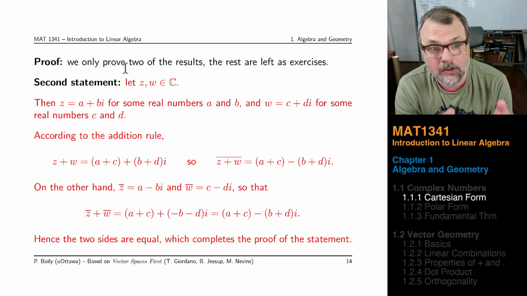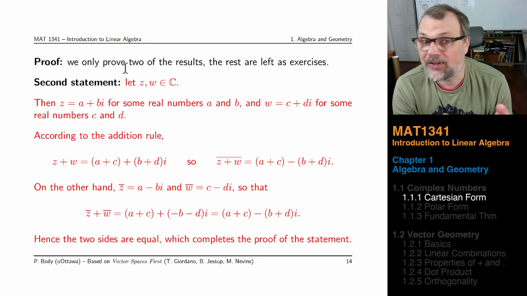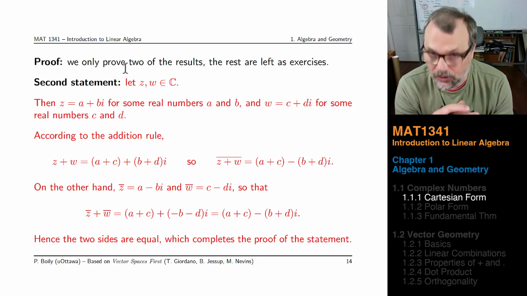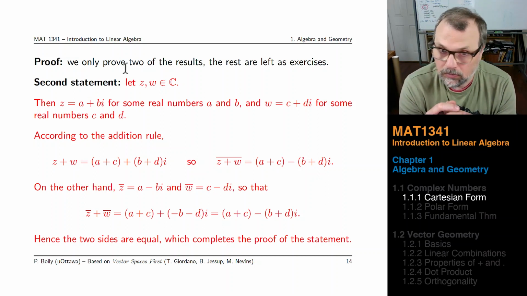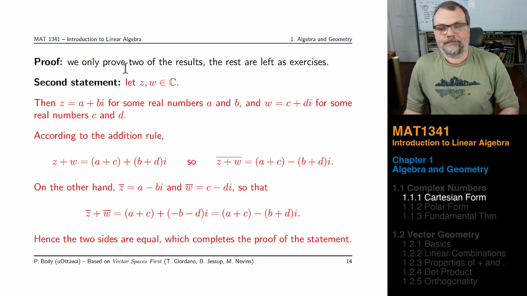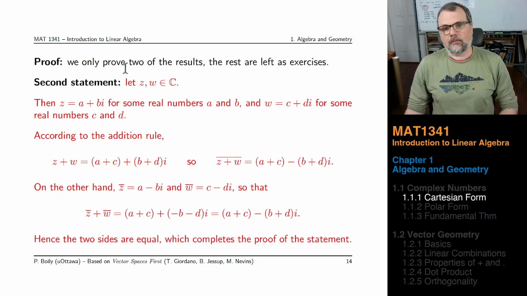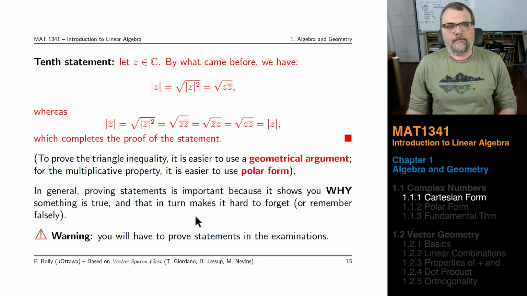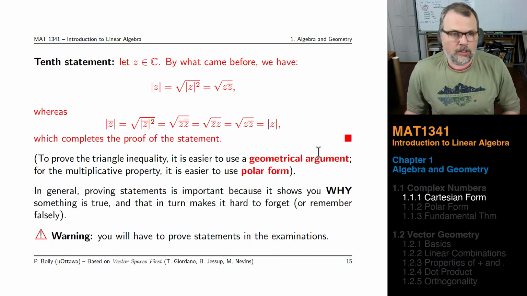So pause the video, take a look at the proof for the second statement, that the conjugate of a sum is the sum of the conjugates. When you're done, we'll look at the 10th statement, which tells us that the modulus of the conjugate is the same as the modulus of the number in the first place.